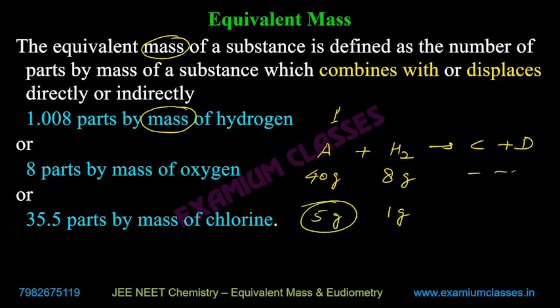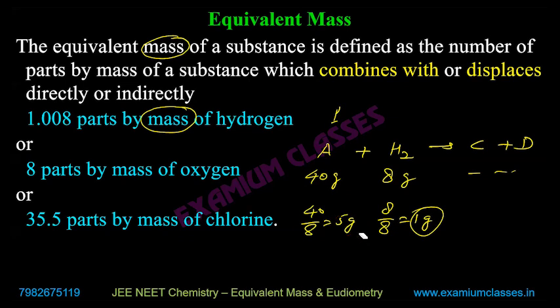So this will be the equivalent mass of A. So how you got 1? You divided 8 by 8, you got 1. Here also you divided 40 by 8, you got 5. So whatever is equivalent to 1 gram of hydrogen will be the equivalent mass.